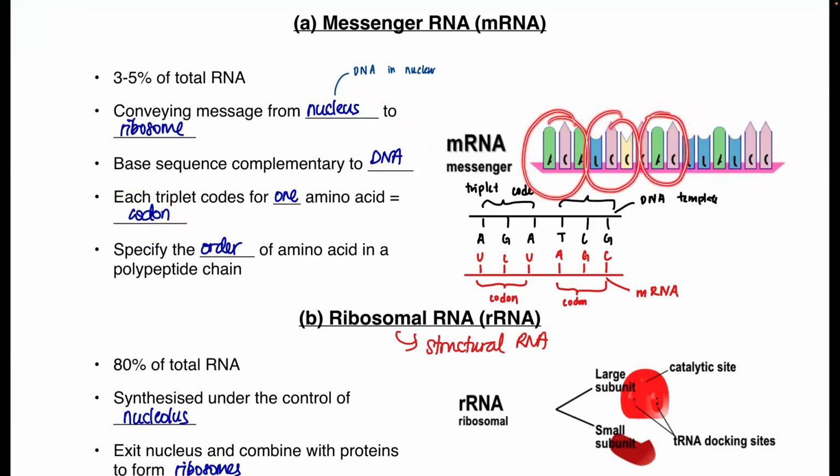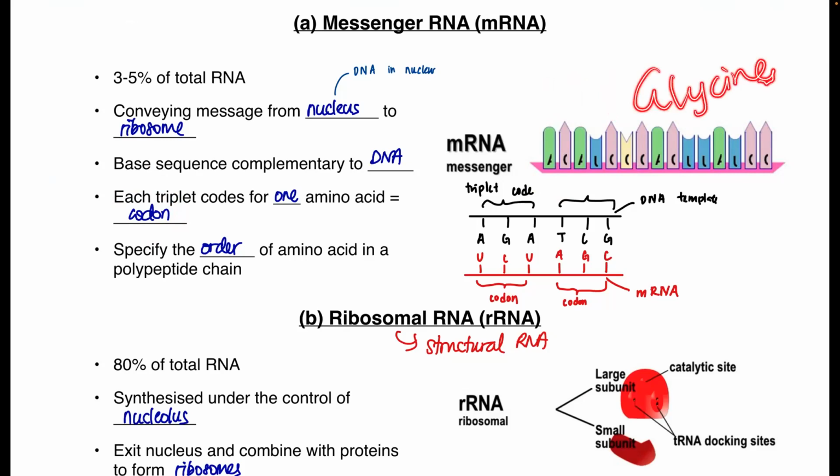The codons on your mRNA are going to specify the order of amino acids. Maybe the first one will always be methionine, and then maybe tyrosine, and then glycine. Glycine is one that you must have learned before. Glycine is the smallest amino acid, where the R group is an H atom.